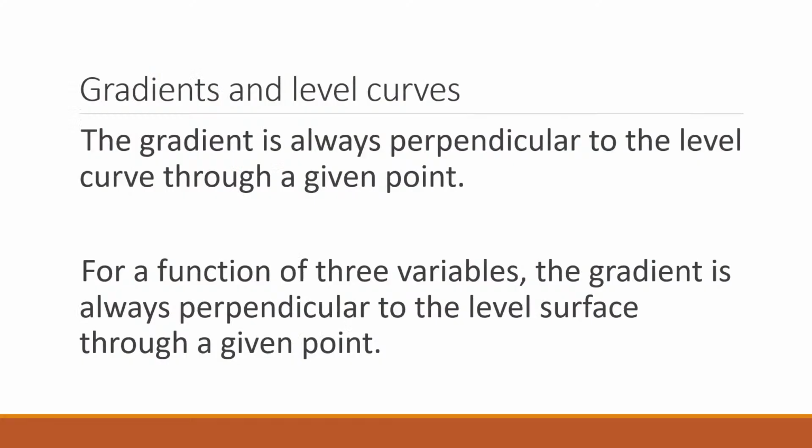So that's one bit. Let's see another one for a function of 3 variables. You might say, how can you have a function of 3? Well, there are such things. The gradient is always perpendicular to level surfaces. And a level surface is kind of like a shell. If you can imagine a function of 3 variables, you would have different shells, maybe think of it as temperature.